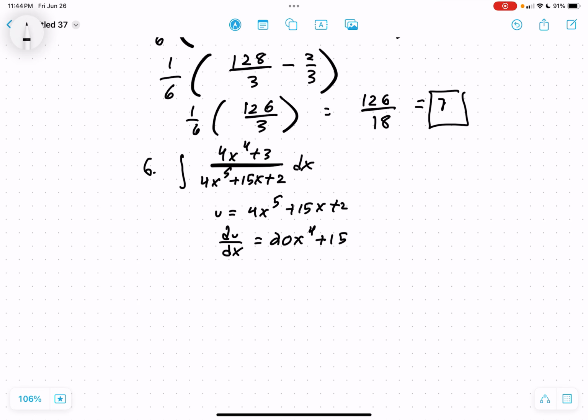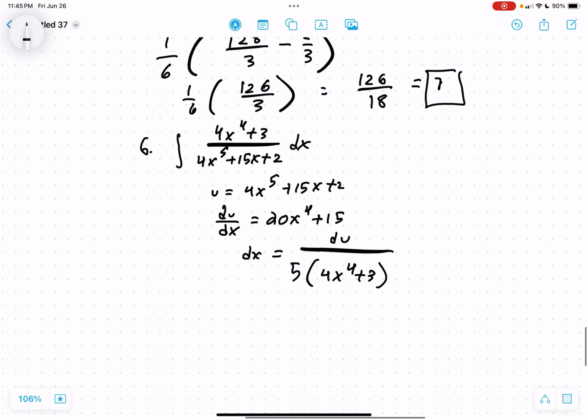And then I'm going to solve for dx, and I get dx equals du over, and I'm going to factor out a 5 at this point, 5 times (4x to the 4th plus 3). And I'm going to rewrite my integral as (4x to the 4th plus 3) over u du over 5 times (4x to the 4th plus 3).